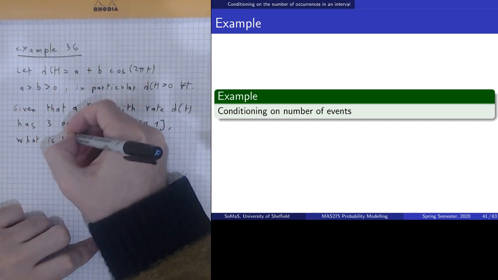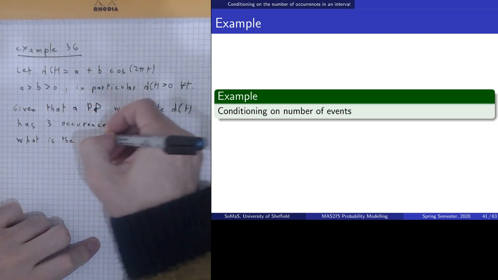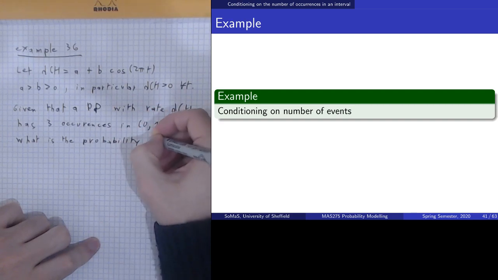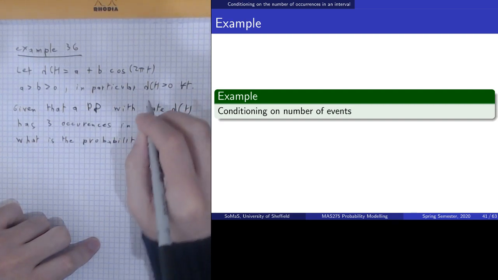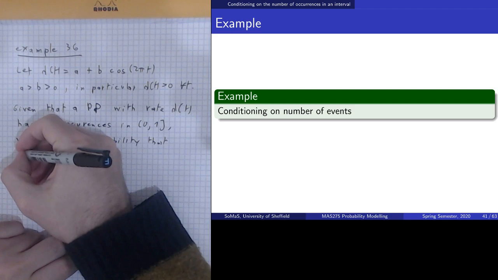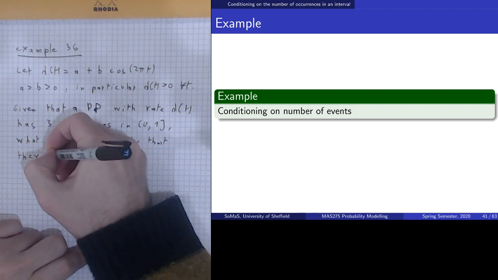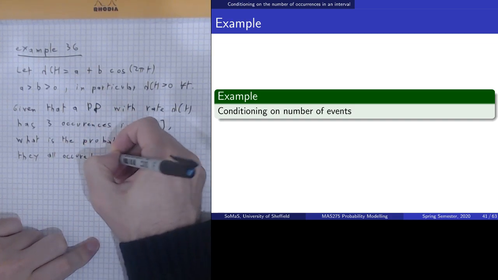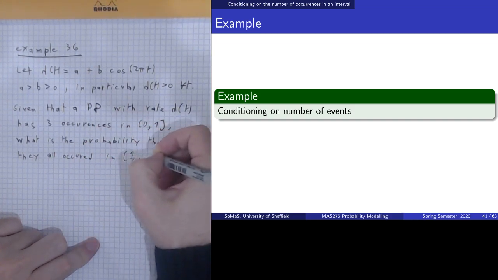What is the probability that they all occurred in 1/4, 3/4?